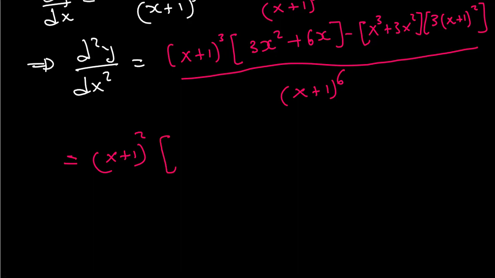What is left here is 3x squared plus 6x times x plus 1, so from the 3x squared plus 6x we can factor out 3x, giving 3x into x plus 1 into x plus 2, minus x plus 1 all squared has come out from there, so I'm left with 3.